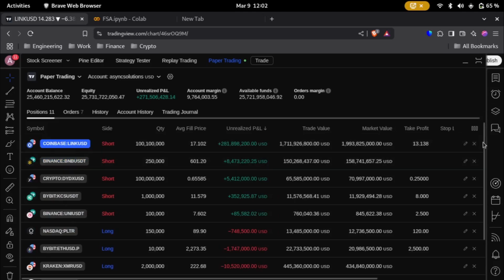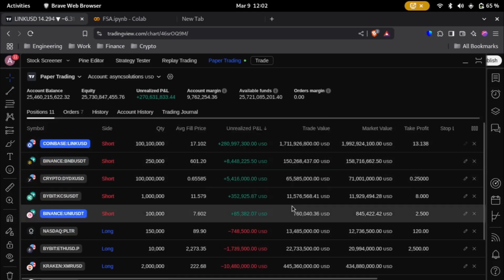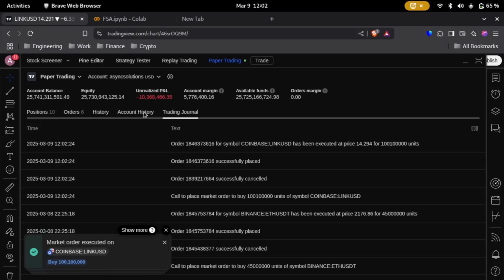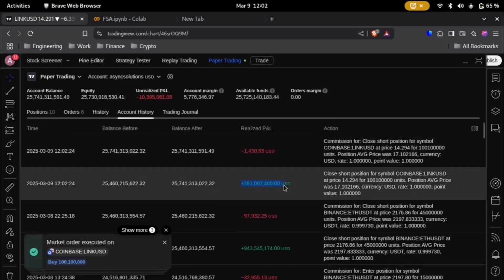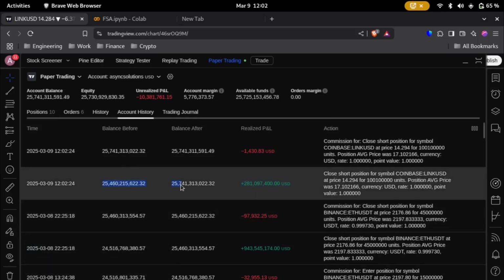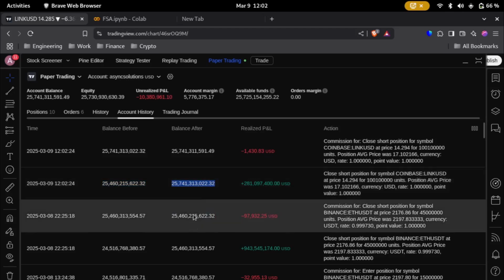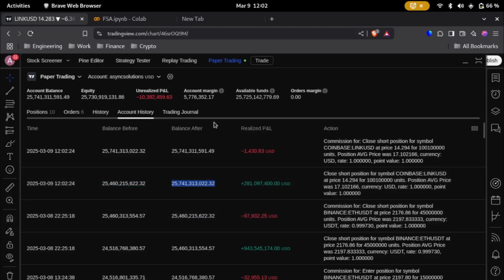But yeah, I'm just gonna sell this crypto right here. I'm gonna close the position, and I'm just locked in a $280 million gain, bringing the account balance to $25,741,313. Well, that's not the exact number, but I think you understand the gist.